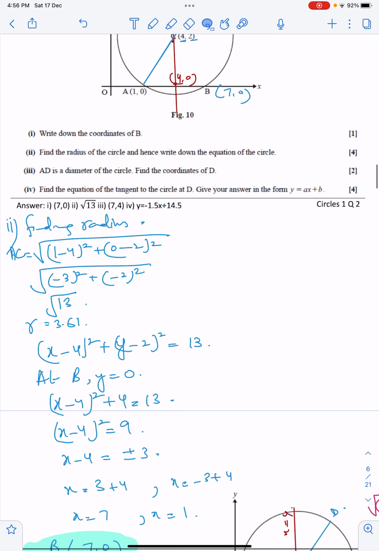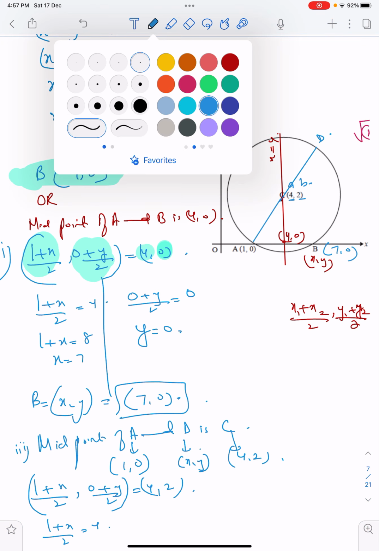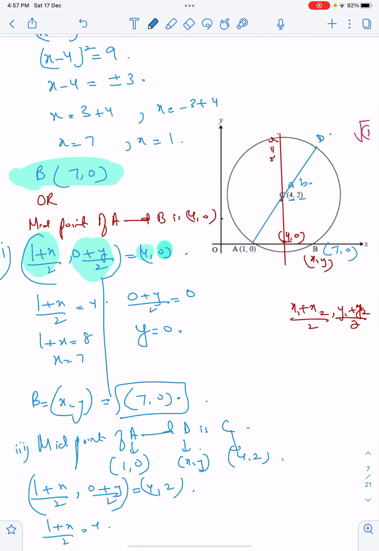Find the equation of the tangent to the circle at D, giving your answer in this form. Now if you draw a tangent at D, you have to find the equation of this tangent. For that, first get the gradient of the line using the point C and the point D. Then I'm going to find the negative reciprocal of the gradient of the line.